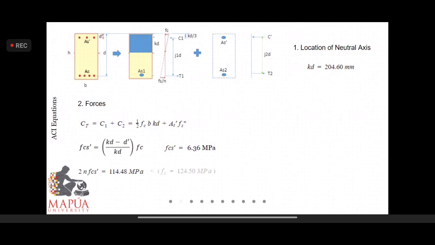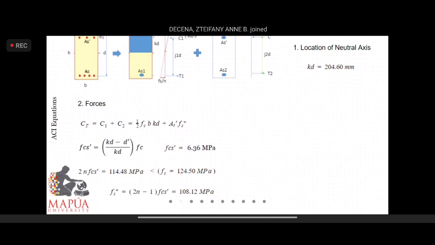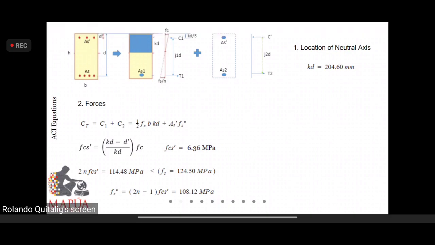Since our allowable fs is 124.5 megapascal, which is greater than this one, we are going to utilize fs double prime as this one, the product of 2n minus 1 and fcs prime, which is equal to 108.12 megapascal.